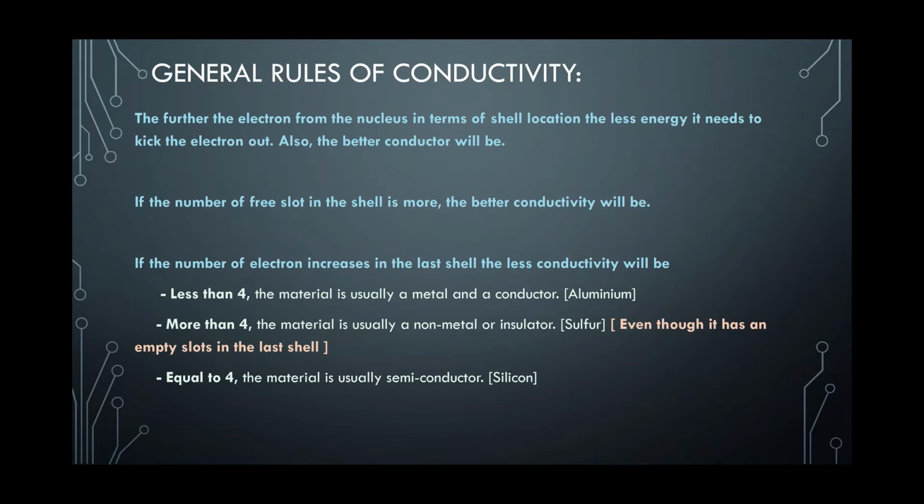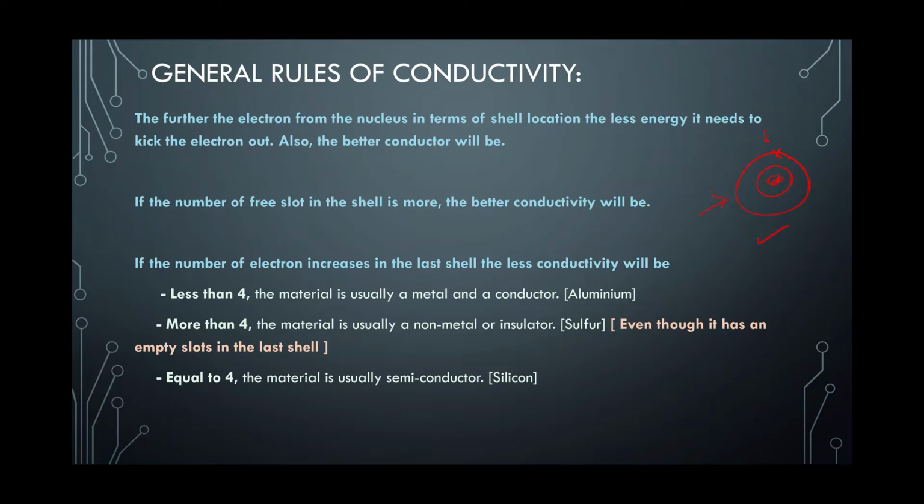Now, if the number of free slots in the shell is more, the better the conductivity will be. So, for example, if the second shell can accommodate 8 electrons, and I have only 1 electron here and 7 slots, it will be a conductor.